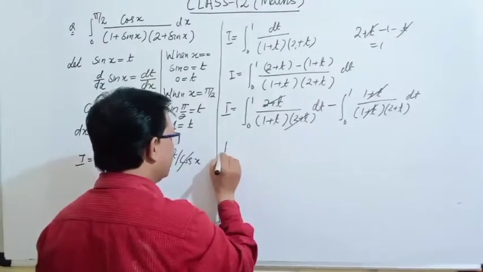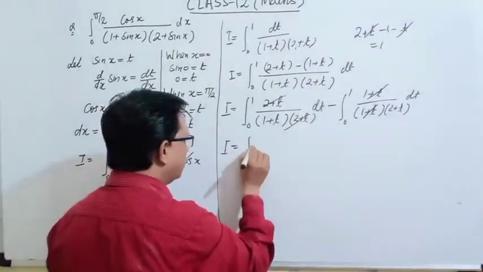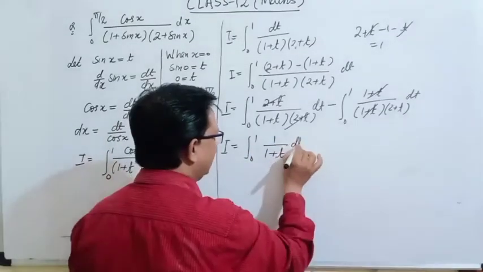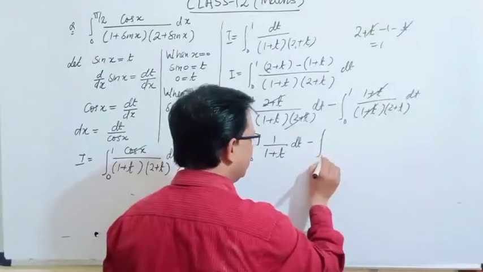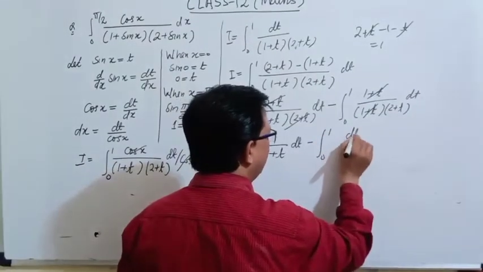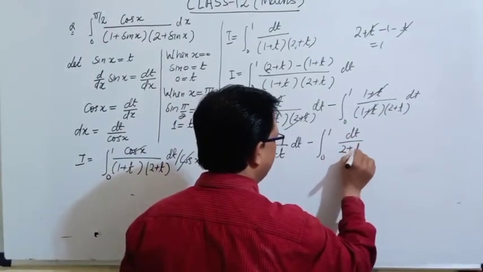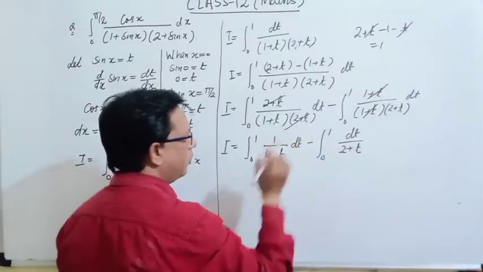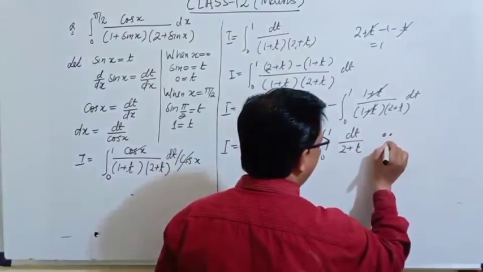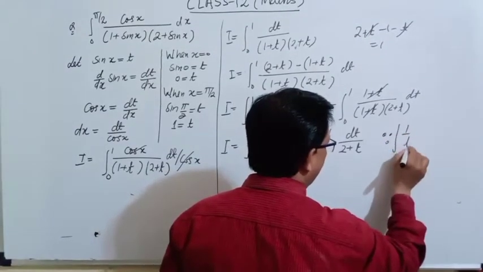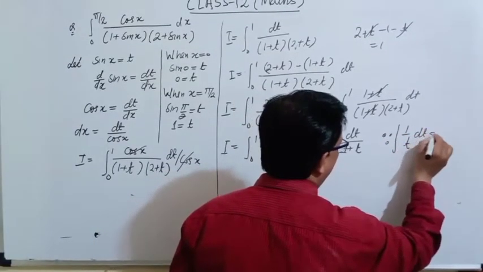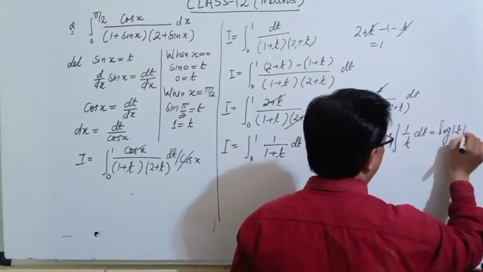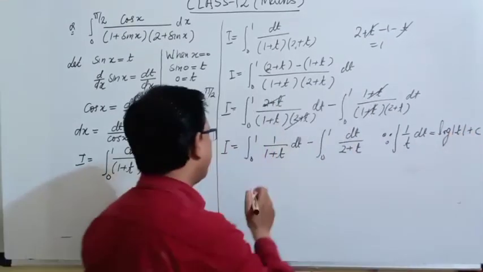Now the integration becomes 0 to 1 of 1 upon (1 plus t) dt minus integration 0 to 1 of dt upon (2 plus t). So this is log t and this is log t, because we know that the integration of 1 upon t dt is equal to log of t. This is your formula.